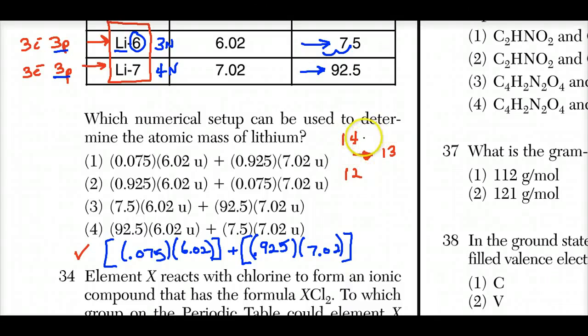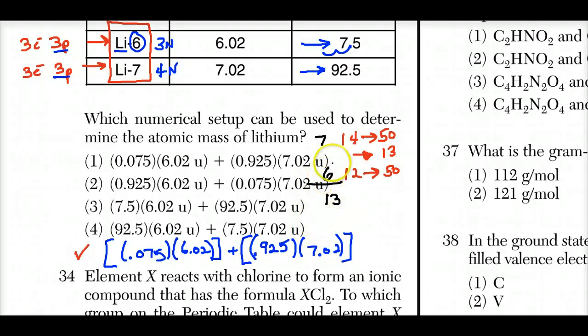So if 50% weighting is 14 and 50% weighting is 12, watch how we do this. 50% of 14 is 7. 50% of 12 is 6. Add them together, you get 13.